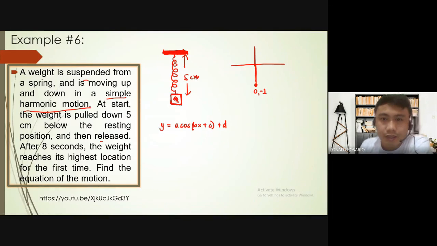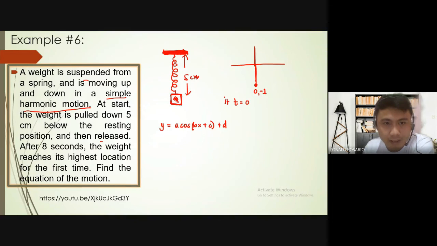Okay, so given pala doon na kapag ang ating time is 0, nahila lang siya 5 centimeters from this one.